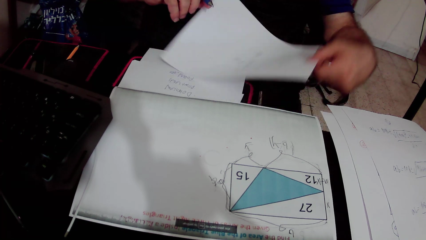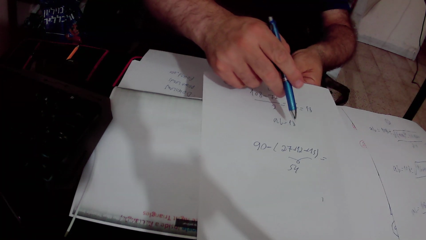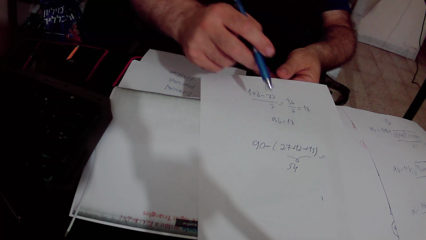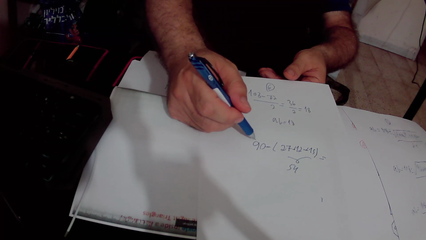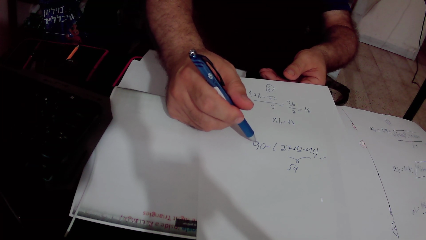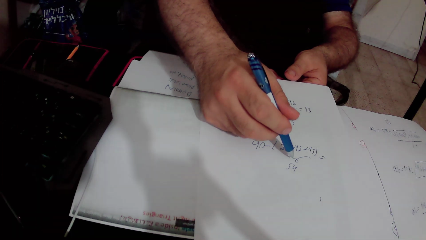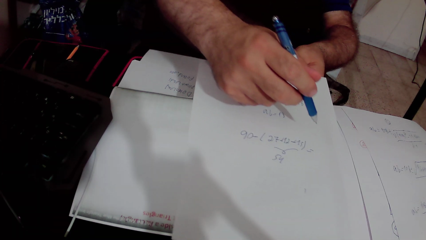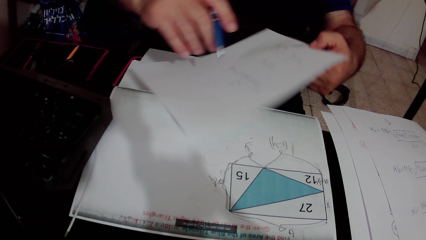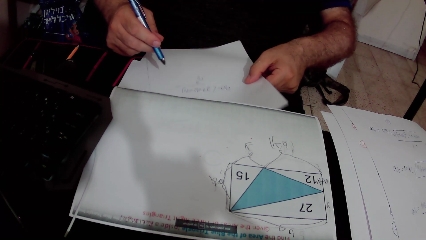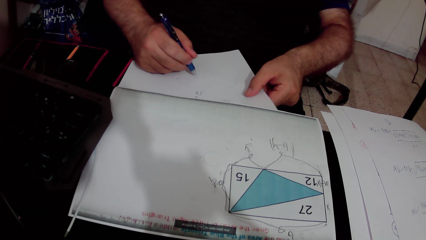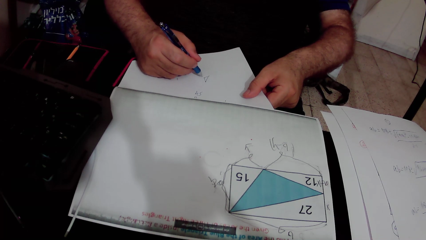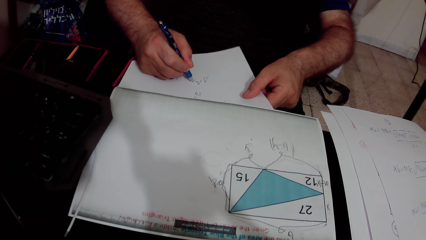Okay, the sum of the areas of the three right triangles is 54 units, and the area of the rectangle is 90 units. So 90 minus 54 equals the area of the blue triangle, and it is 36 units. Okay, so the area of the blue triangle equals 36 units.